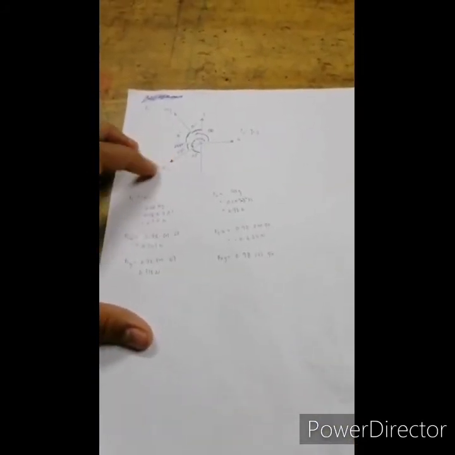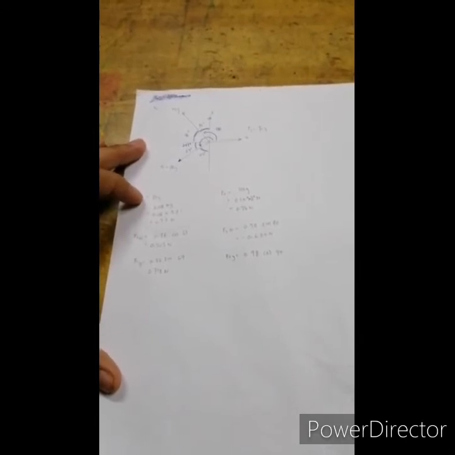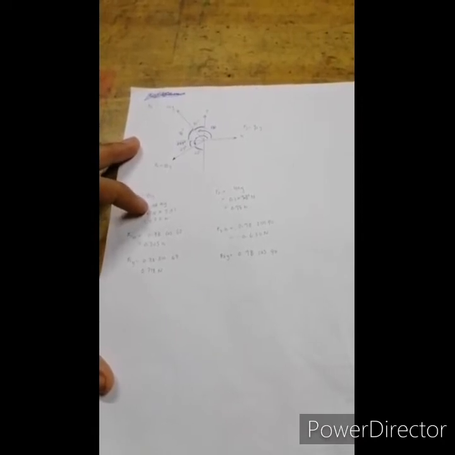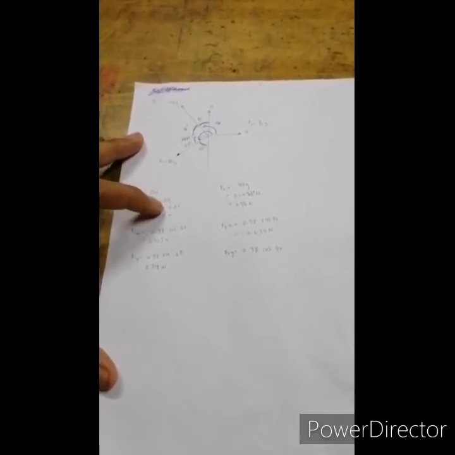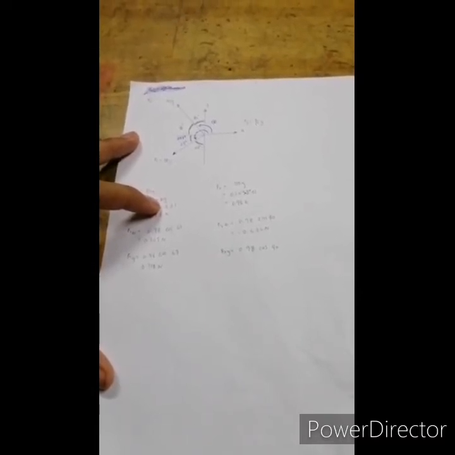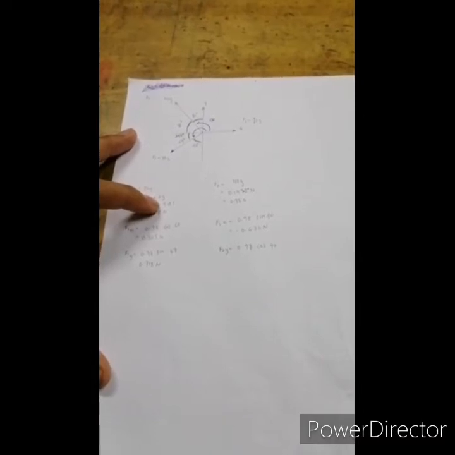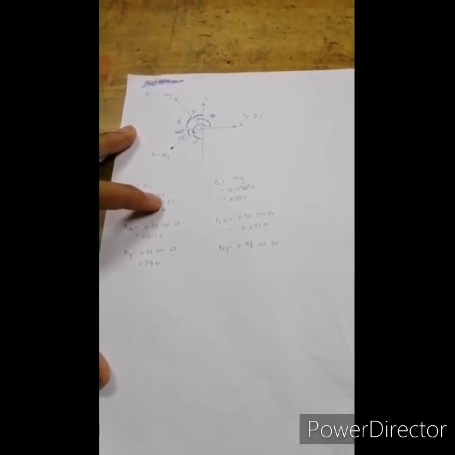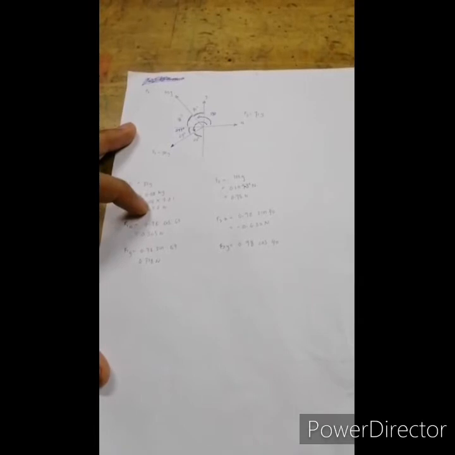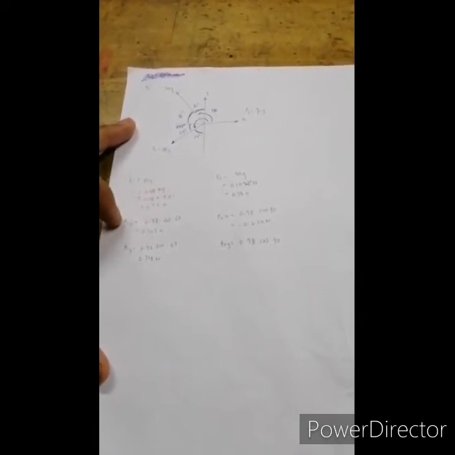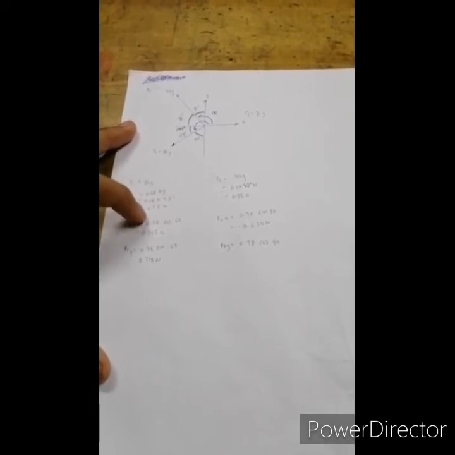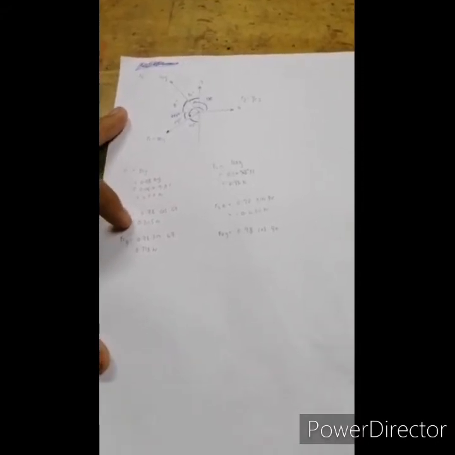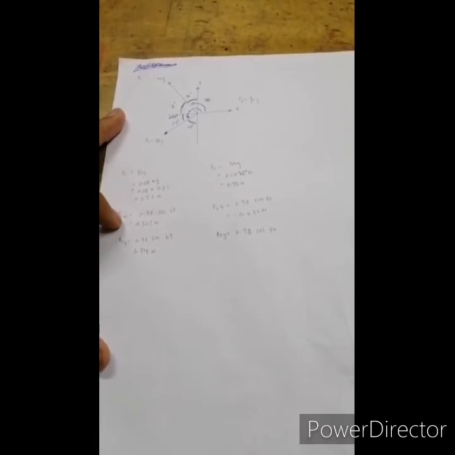This is the free body diagram. F1 has 18 gram, convert to kg 0.08 kg. 0.08 multiplied by 9.81 is 0.78 Newton, and F1x is 0.78 cos 16.7, which is 0.305 Newton.